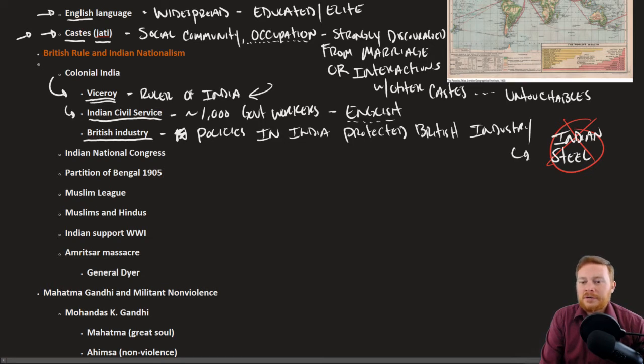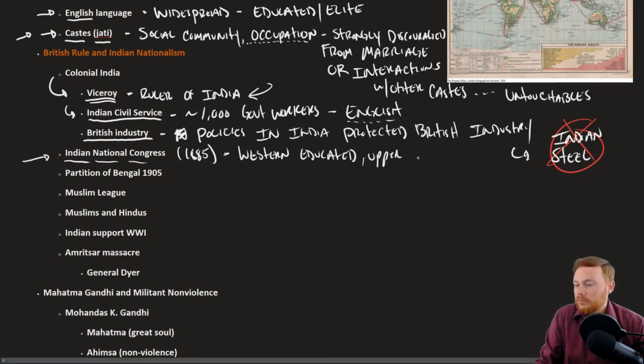Now, for a number of reasons, we talked about the creation of an Indian nationalist group, the Indian National Congress, formed in 1885. This was mostly Western-educated, upper class Hindus who made up the Indian National Congress.